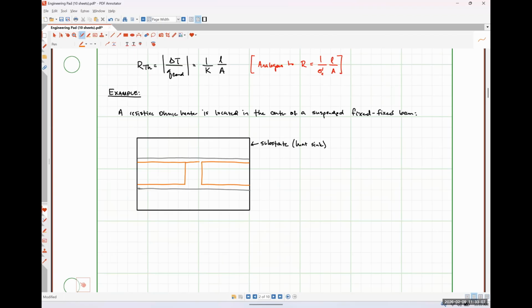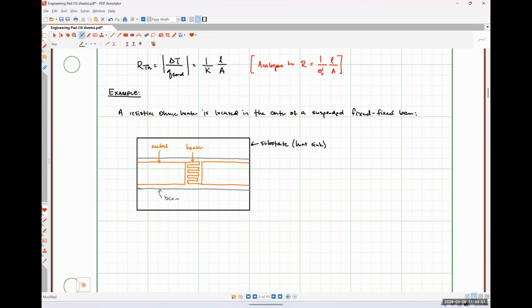And I'm going to draw this heater as if it was a thin serpentine piece of metal, much like the heating element in your stove or on a space heater or something like that. So that when we pass current through that really thin wire, it's going to transfer heat to everything around it. Okay. So this part right here is metal. This part right here is our heater. And then this gray bit down here is our beam. That's kind of a top-down view.